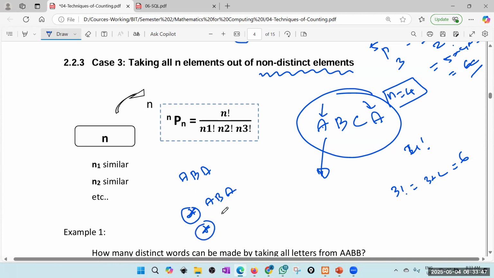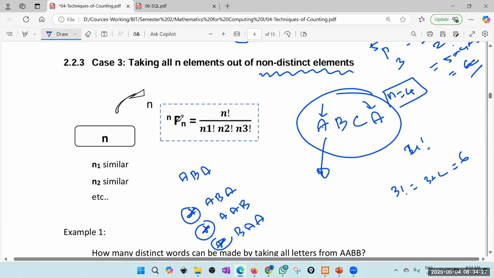Second one, A, B, A. Another one, B, A, A. Do we have any other way to arrange these 3, distinct from these? Can anyone tell me another way other than these 3? No way, right? Earlier we got 6, but now you get only 3, because there is no point arranging these 2, since you again get the same arrangement.